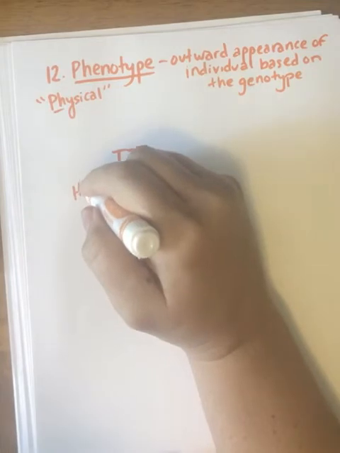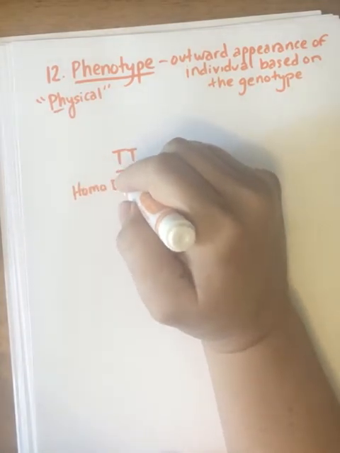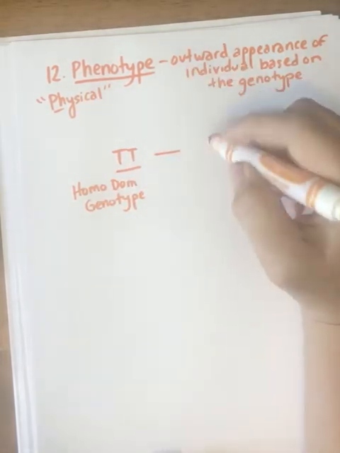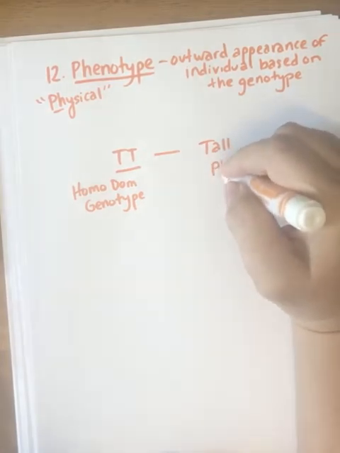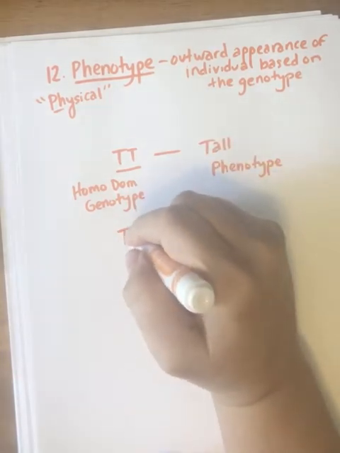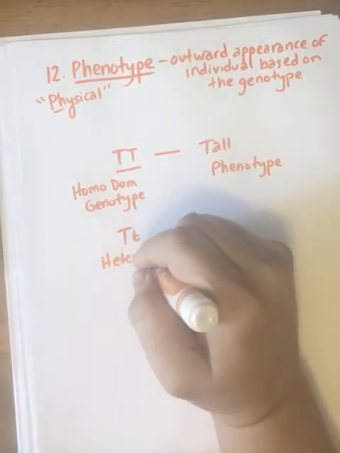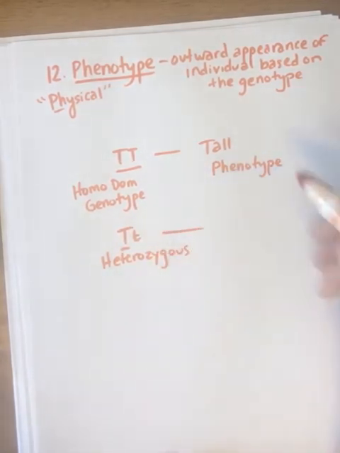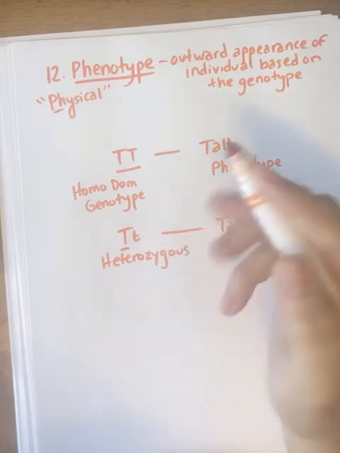So, an example, if you are homozygous dominant genotype, your physical appearance would be that you're tall. That is your phenotype. You're a tall plant. If you are heterozygous, since we're doing simple dominance, you have one large T, your phenotype would also be tall because the dominant letter is over the recessive letter.